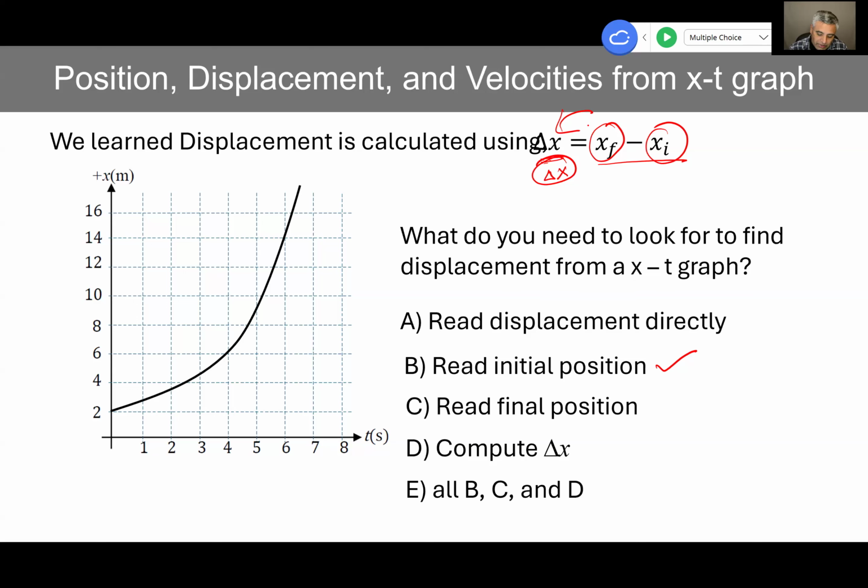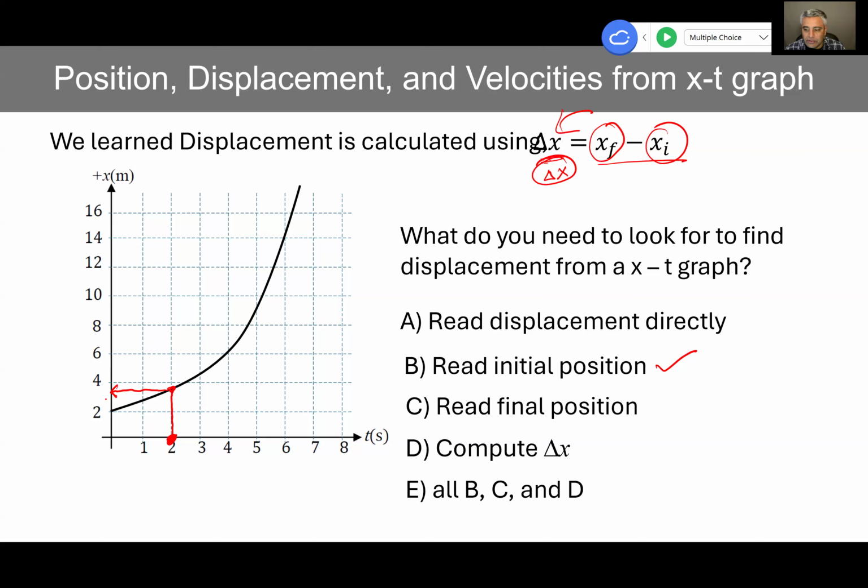So what is the position at, let's say, 2 seconds? How do I find it? I go to the 2 seconds time and then draw a line. So that's the dot over there. And then I read that number. It looks like it could be somewhere between 3 and 4.